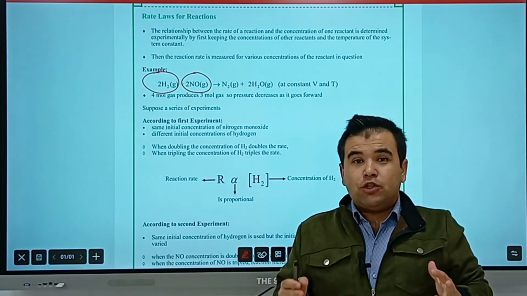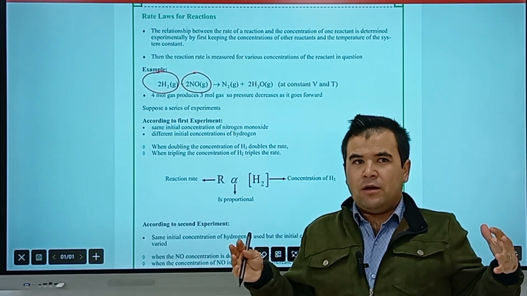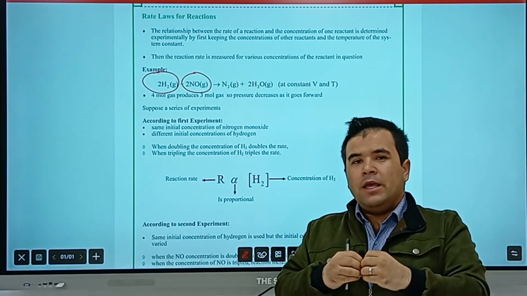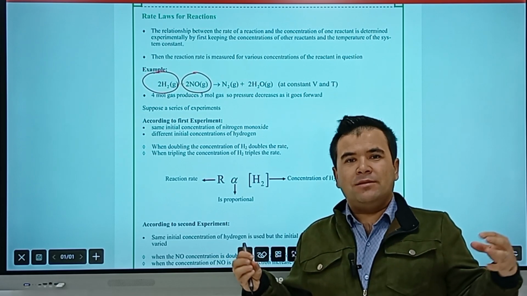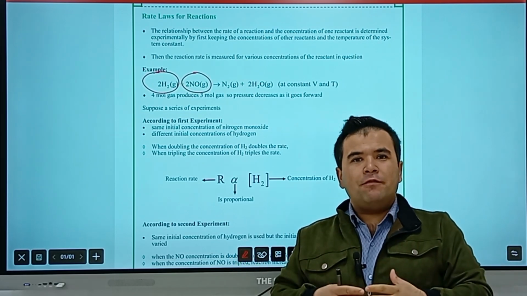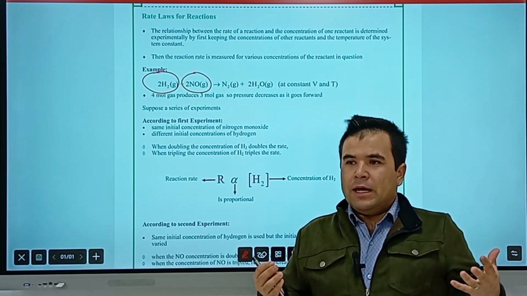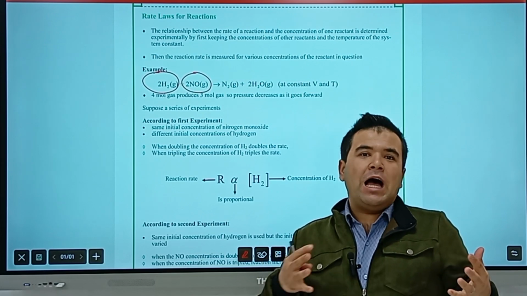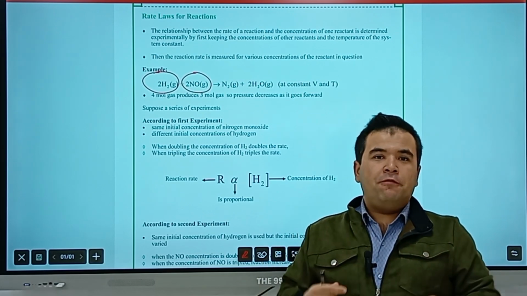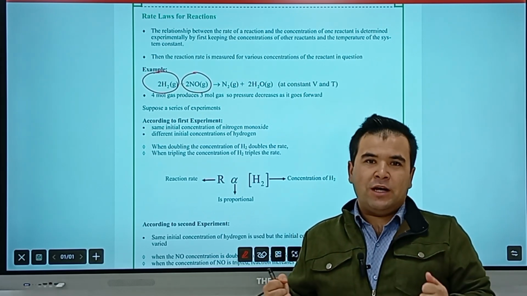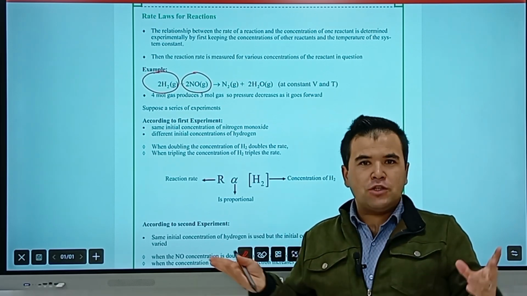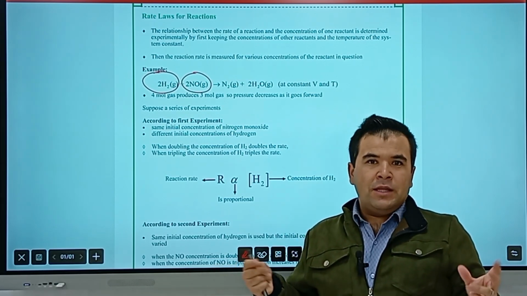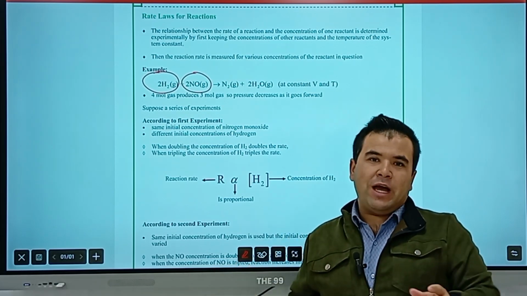For most of the processes, when we have more than one reactant, the chemicals in the reactants do not have equal effects on the rate of the reactions. They have different effects on the rate of the reactions.